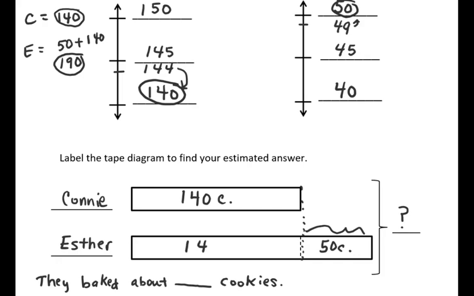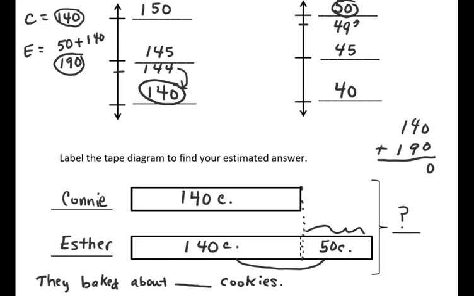So this section would be 140 as well. And just like we did above, you would add the 140 to the 50 to come up with Esther's total of 190. Now to find the estimated total for both girls, I'll take the 140 for Connie and add to it the 190 for Esther.